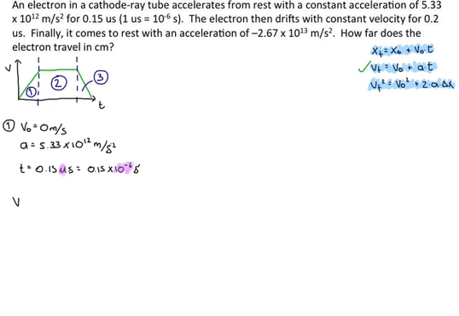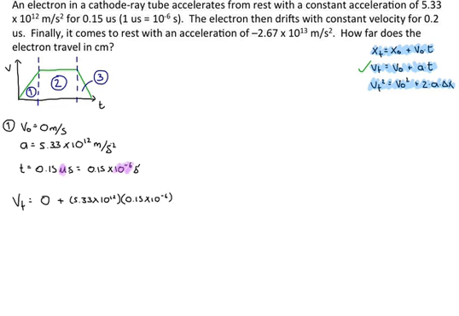So the final velocity is going to be given by the initial velocity, which is going to be 0, plus the acceleration, which is going to be 5.33 times 10 to the power 12, times the time. The time, as we said, was 0.15 times 10 to the negative 6.